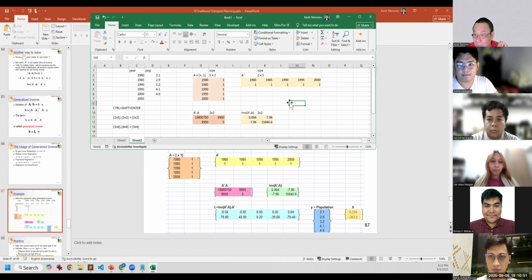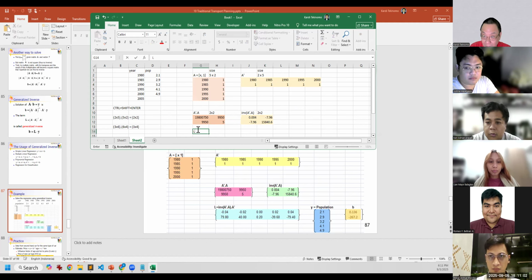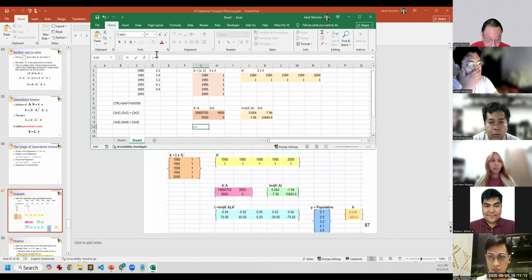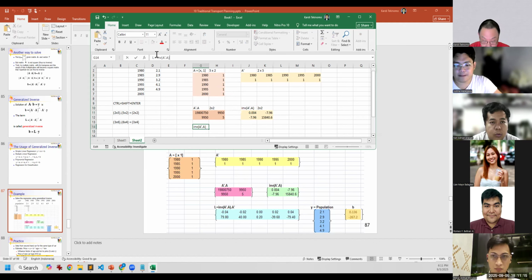Okay, so you get this. Then the next step is to get the generalized left inverse. L is equal to this one, the inverse, multiplied by the A transpose.